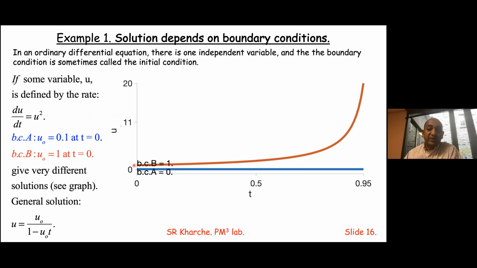For the red boundary condition, I get this other solution shown by the red line in this graph. As you might appreciate, if your physics is sensitive enough, and never mind even if it's insensitive, boundary conditions regulate what your solution comes out as. As you can see, the blue line is totally different from the red line.